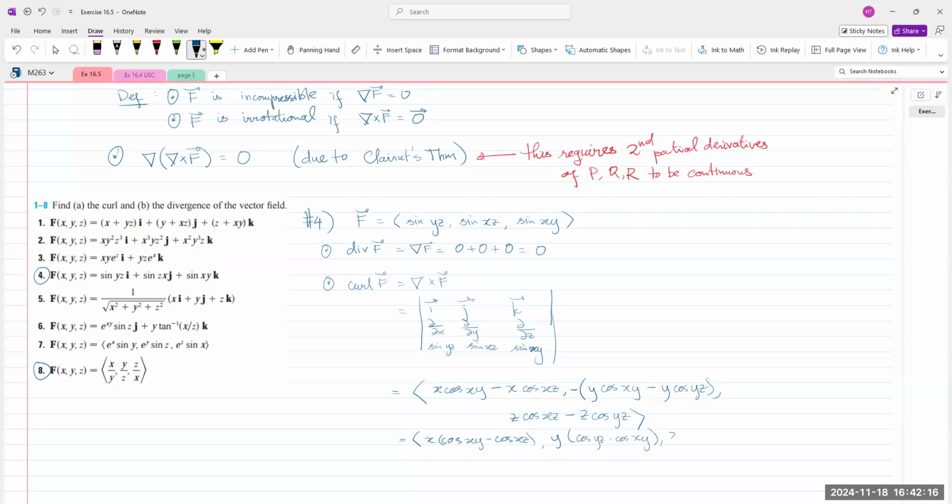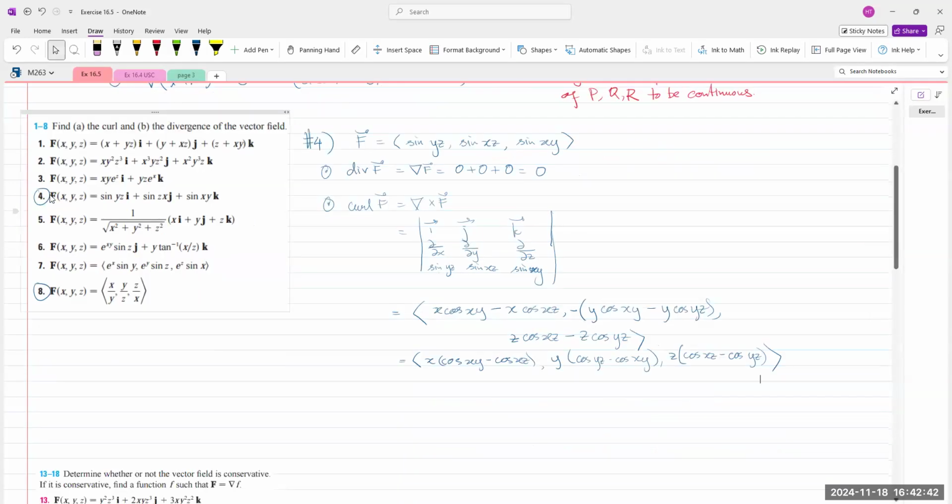And then z times cosine xz minus cosine yz. Okay, that's the curl of vector field F for number 4. Let's see number 8.